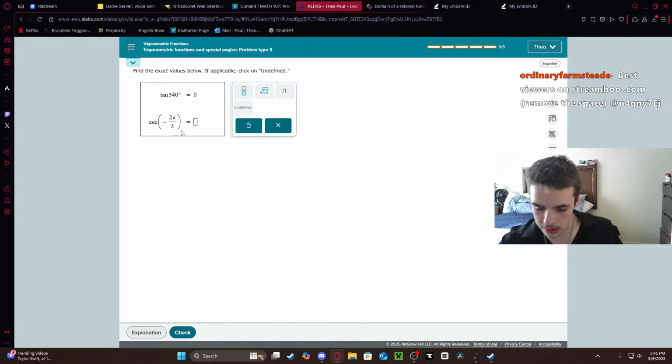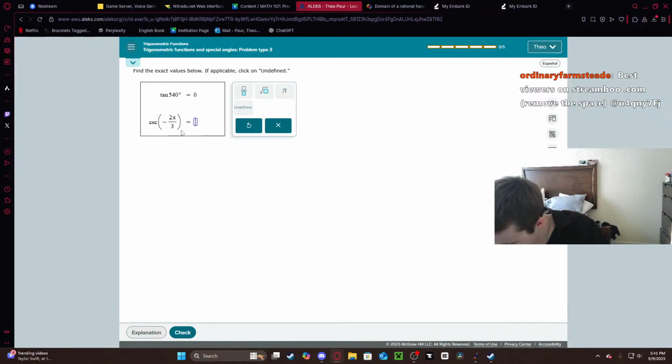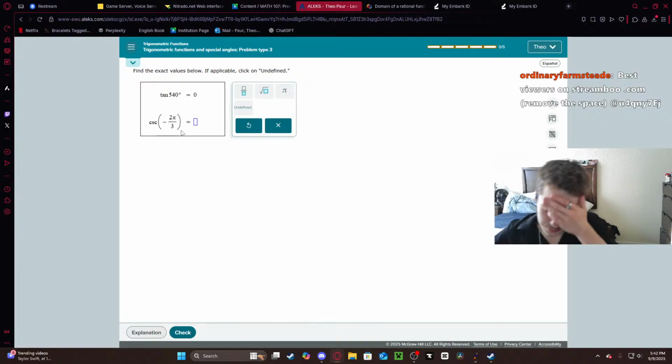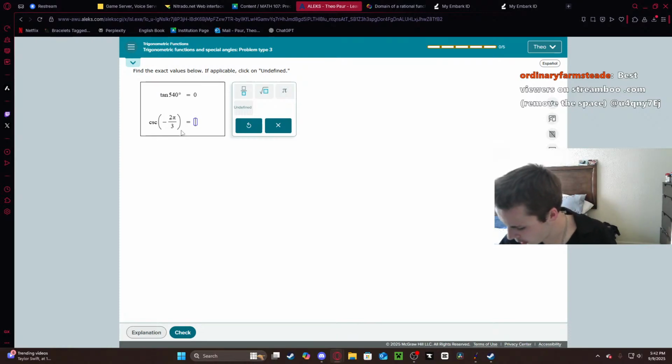So the sine of -2 pi over 3 is negative square root 3 over 2. So 1 over negative square root 3 over 2. So you just times both by 2 then, and you have -2 over square root 3.